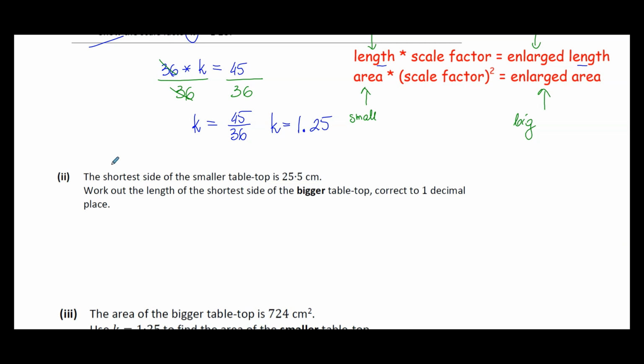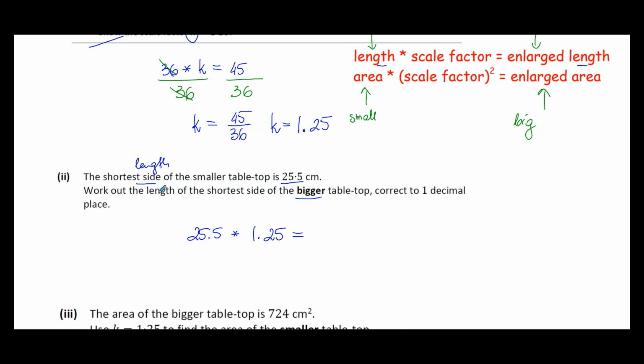Then the next part says the shortest side of the smaller tabletop, so we are still talking about length, not area, is 25.5. Work out the length of the shortest side of the bigger tabletop. So we use that first idea: we take the length that is not enlarged, in this case the small table, 25.5, and multiply by the scale factor, which now we know is 1.25, and that equals the big table length.